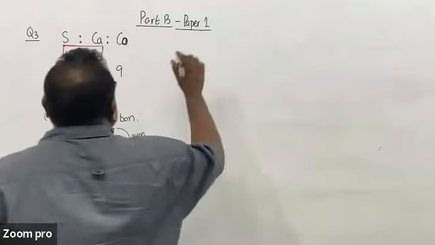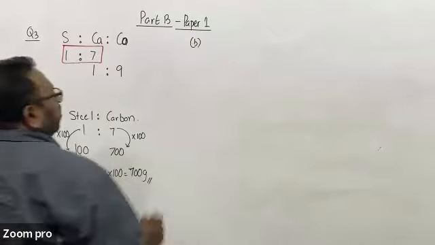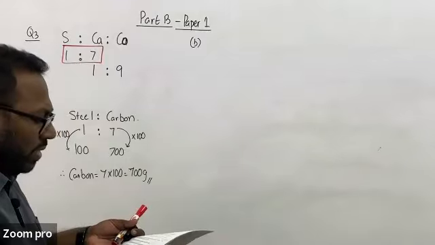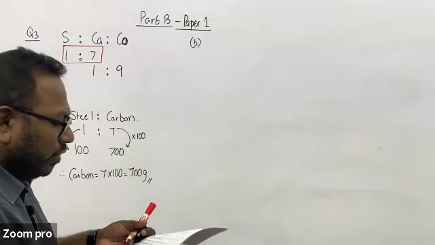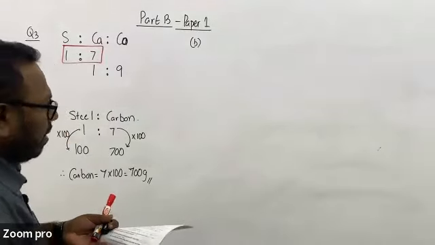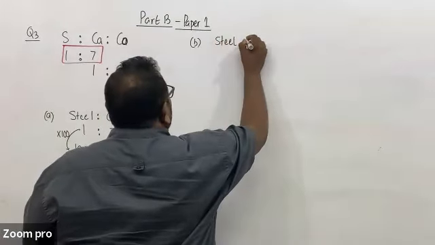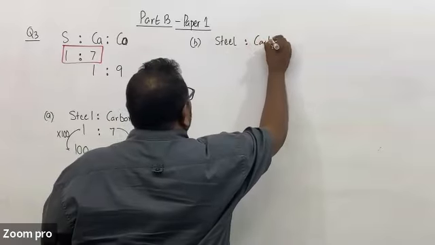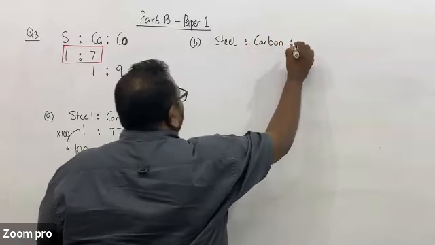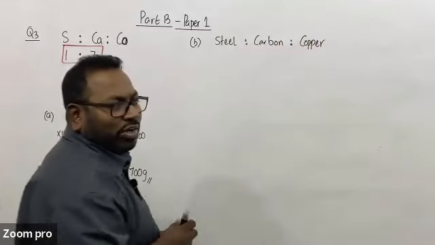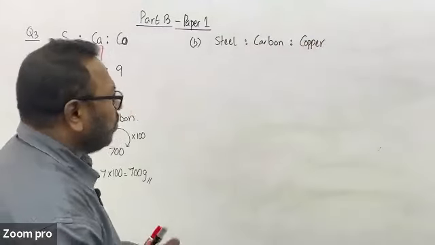Okay. Then question number B, they are saying find the ratio of steel to carbon to copper when mixed. So steel is to carbon is to copper. What we are going to do is get a continued ratio.